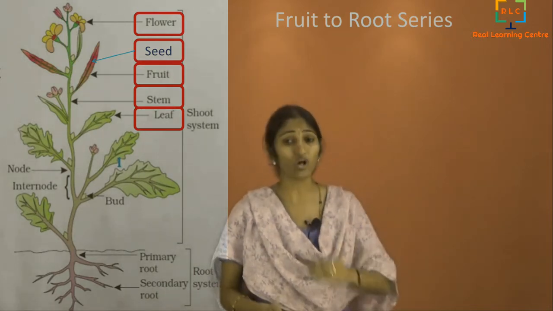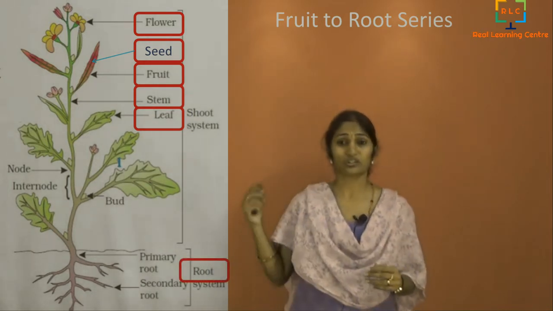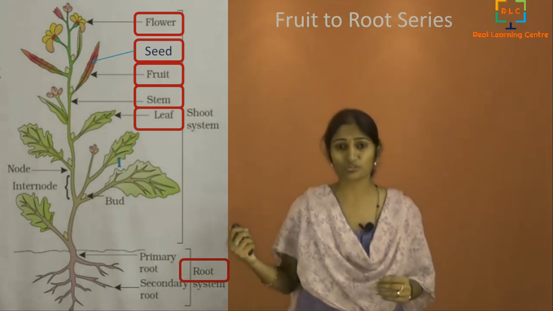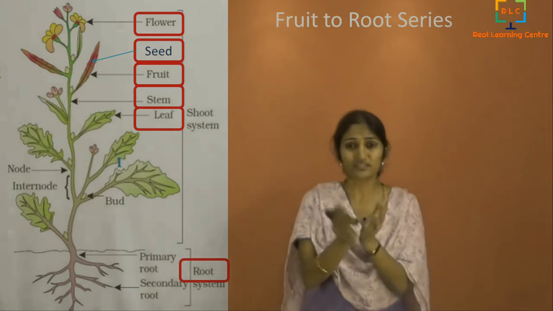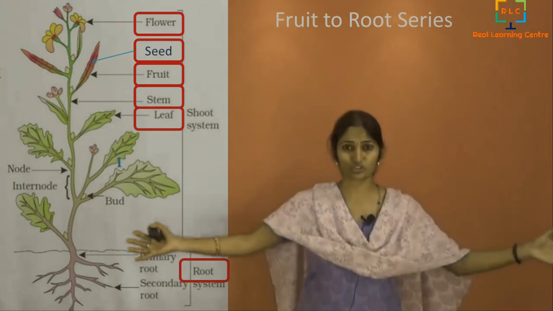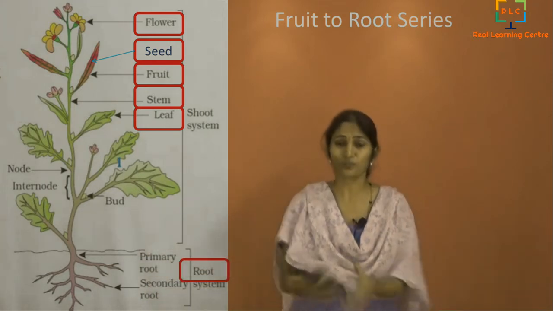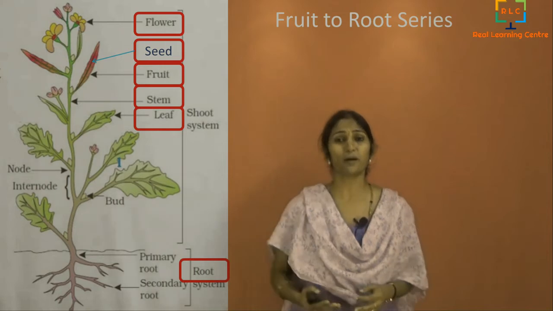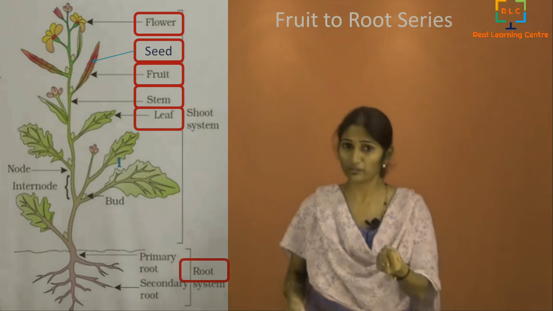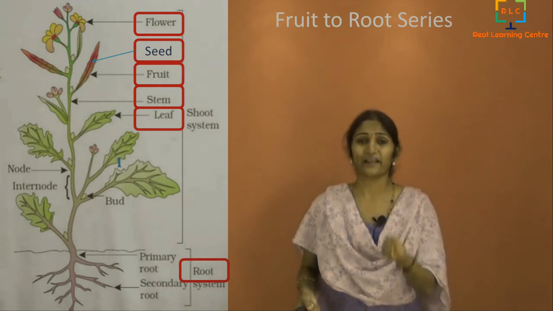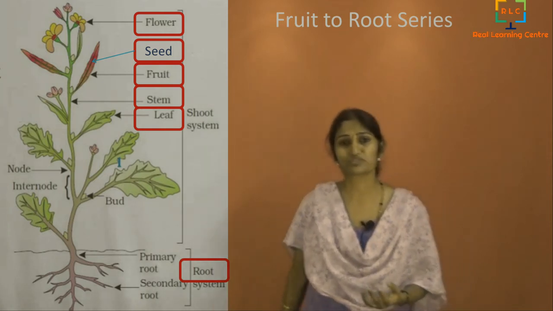Today's session we spoke about the root system: what a primary root was, what a secondary root was, and how the root system spreads throughout, goes in search of water and minerals, absorbs them and sends them to the shoot system, so that they are all able to make food and propagate. So this is all about the fruit to root series.